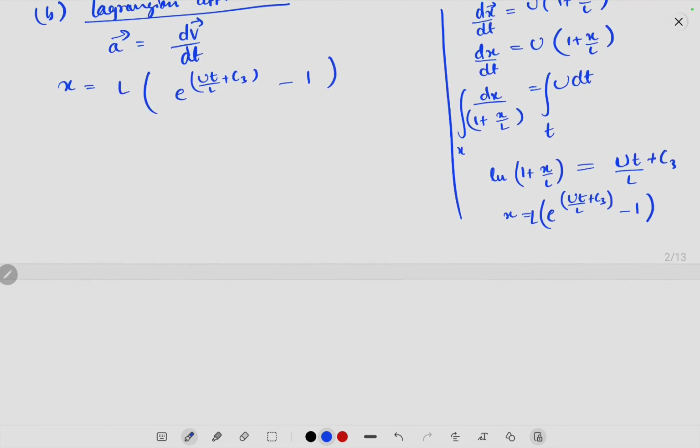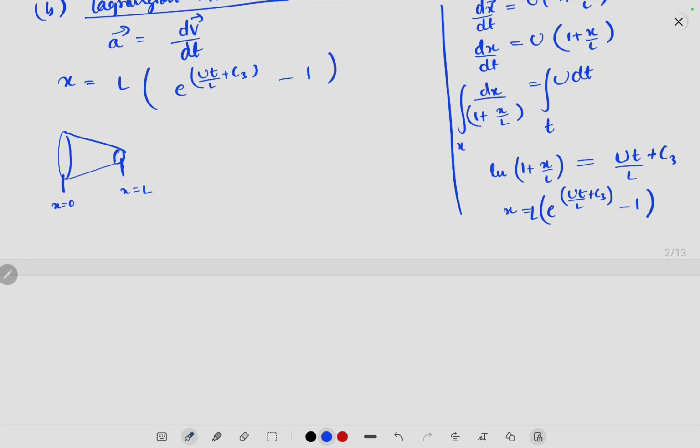Okay, now given the problem of this converging pipe, this is given that this is x equal to 0, this is given that this is x equal to l. Okay, so this position vector as a function of time is only for this channel, right? So the time represents the x value for this channel only.